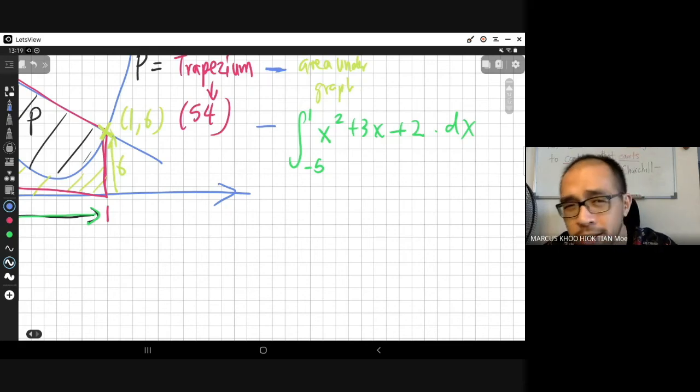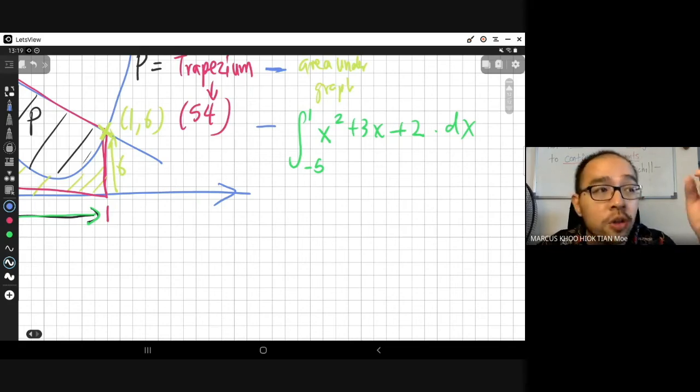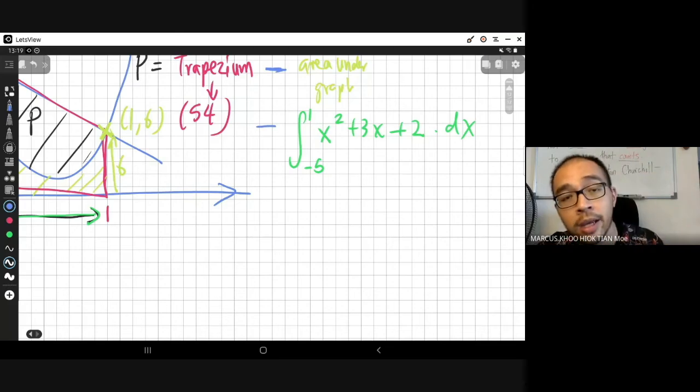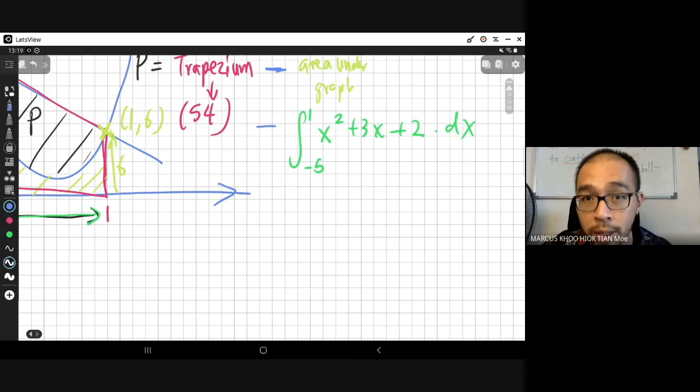Because if you integrate, you are able to get at least 1 mark. Integrate correctly. Even if you don't get the right answer, you can still steal a little bit of marks here and there. Don't give up on the question just because you don't understand what the question wants.